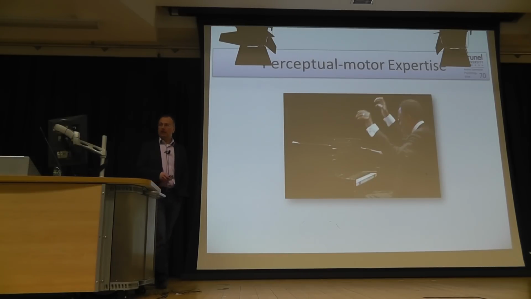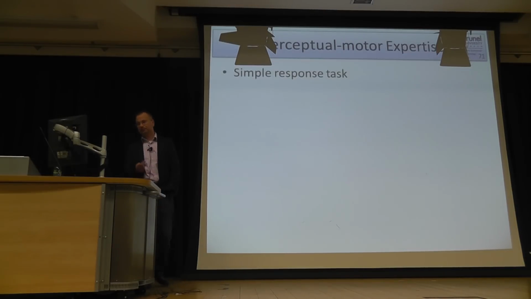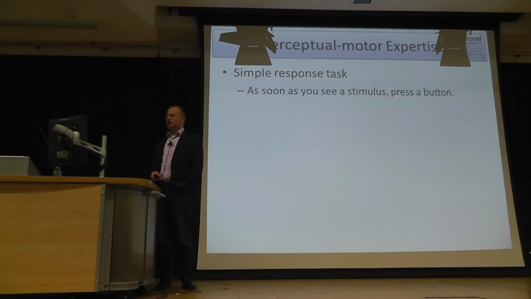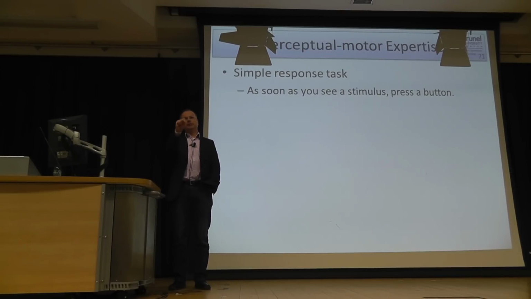Okay, let's go to perceptual-motor expertise, like playing a musical instrument. And let's go back to the example of tennis. Consider a simple response task, a computer task: as soon as you see a visual on the screen, press a single button.